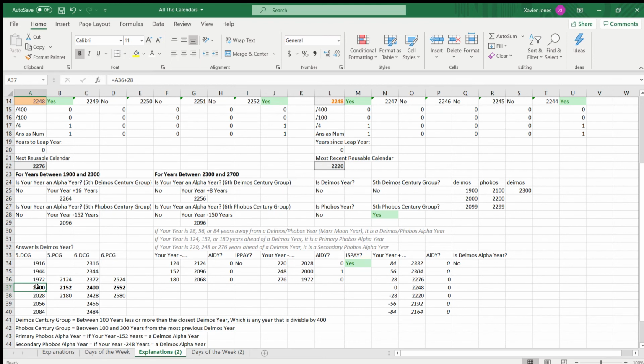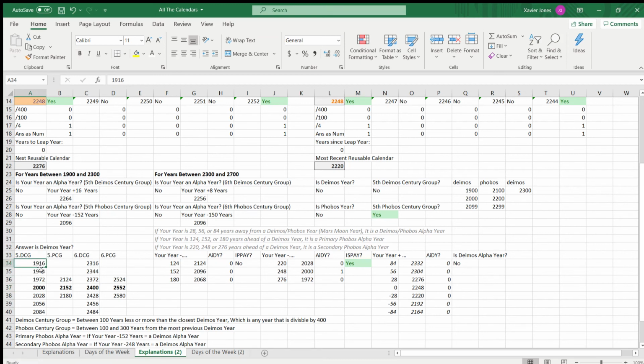Right here, we have our alpha year, our Deimos year for our fifth Deimos century group, and we have our alpha year for our sixth Deimos century group, and we have all of the alpha years within the century group.